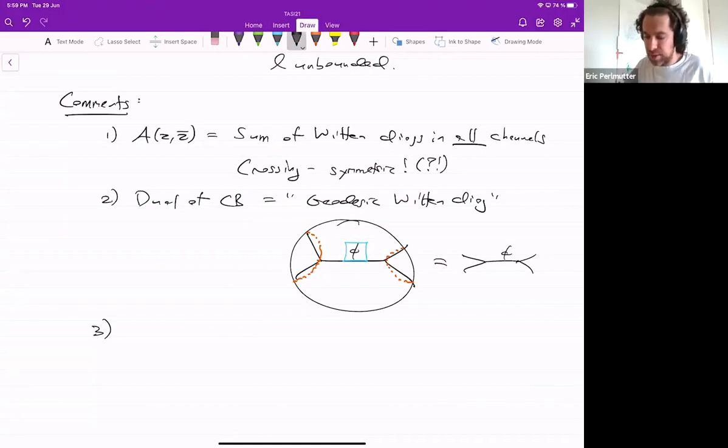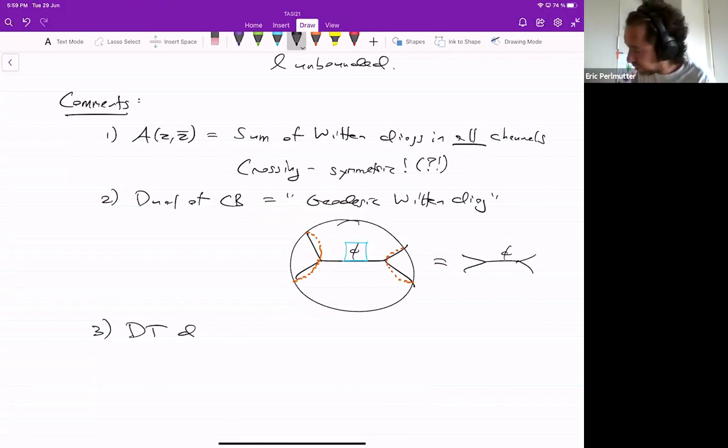Okay. So finally, the last comment before turning to bootstrap approaches to computing holographic correlators, which I will only partly get to, and that's fine, is that it's important to summarize some of what we've said.